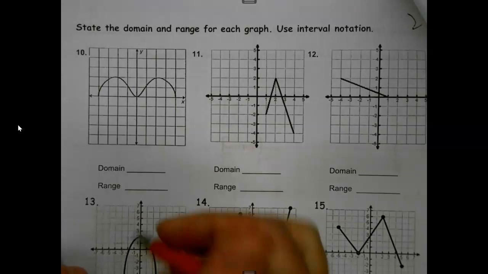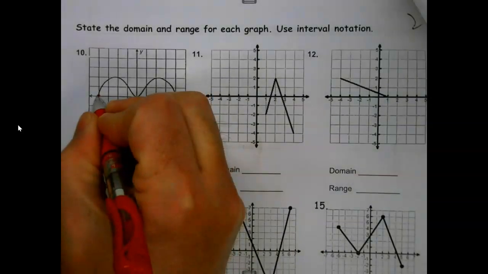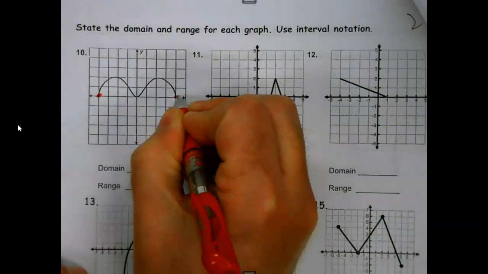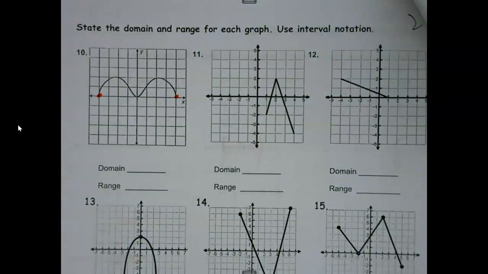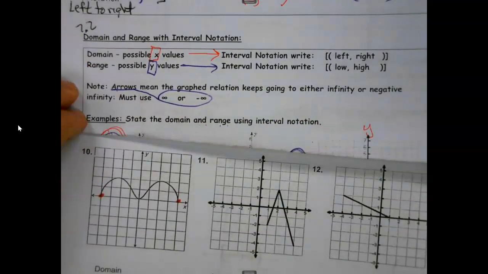So let's say we're doing 10. I'm just going to put little points on the end since there's not arrows. So when I'm doing domain and range, okay. Let me do a little folding. Move this down a little so we got some help.